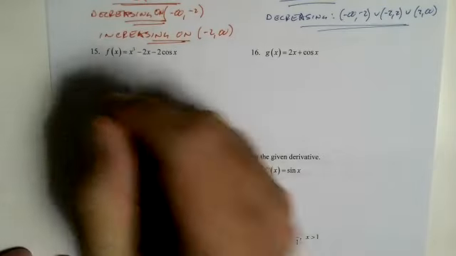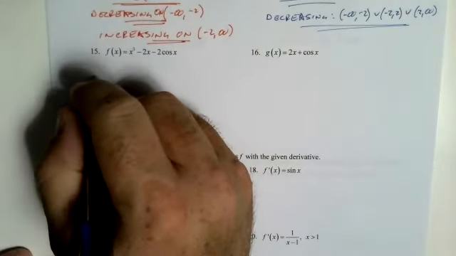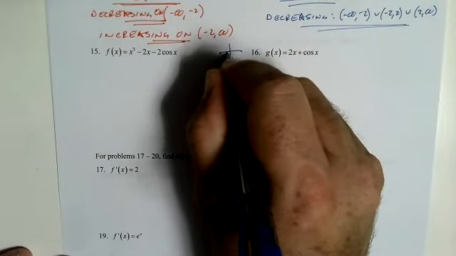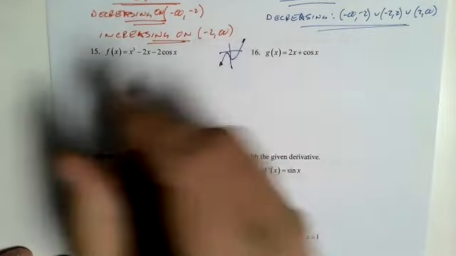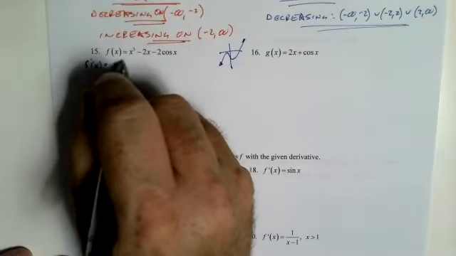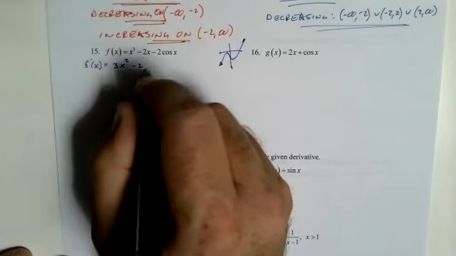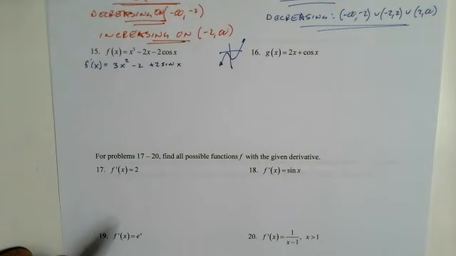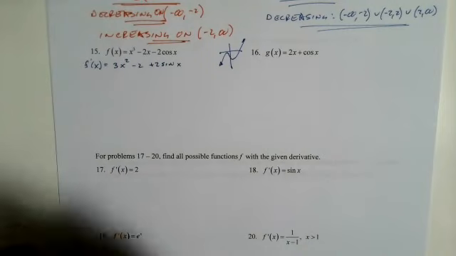All right. Take a quick glance at what this is going to look like. Something like this. F prime of x equals 3x squared minus 2 plus 2 sine of x. Definitely need a calculator for this one.